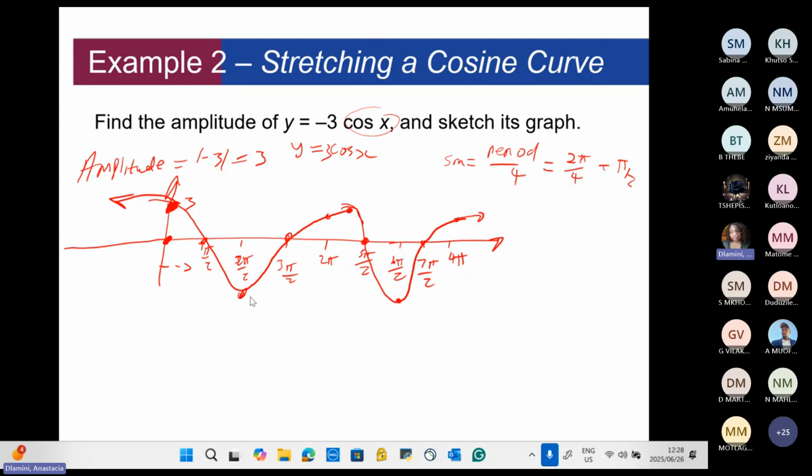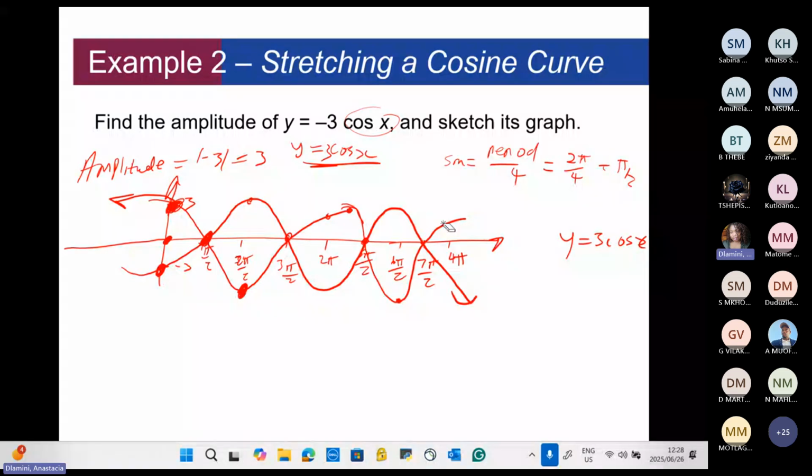Because there's a negative here, we have drawn the graph y is equal to 3 cos of x, and now, because there's a negative, we are reflecting the graph, meaning that this part becomes this part. This is 0. This is 0. So your graph will start like this, then goes up, then goes down, then goes up, then goes down, like this. Are we all together? So this is your graph.